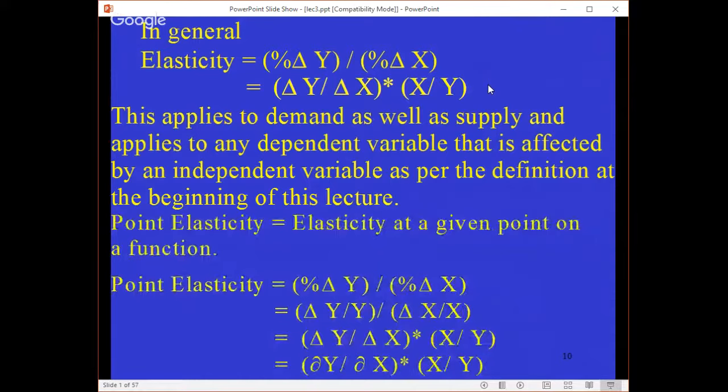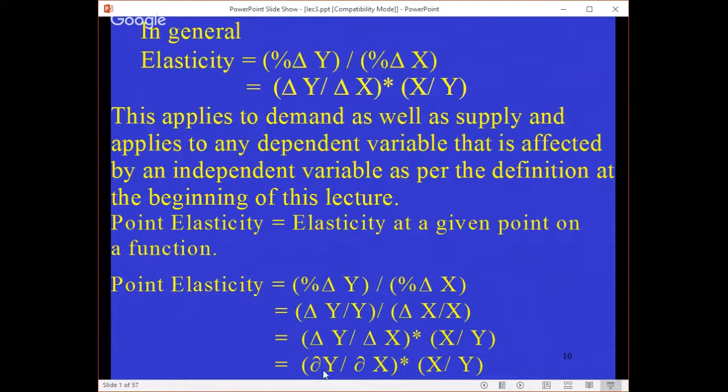So point elasticity: the percentage change in y with the percentage change in x. They give me a change in y over y divided by the change in x over x. And I rewrite that the way I have it up top, the change in y over the change in x times x over y.